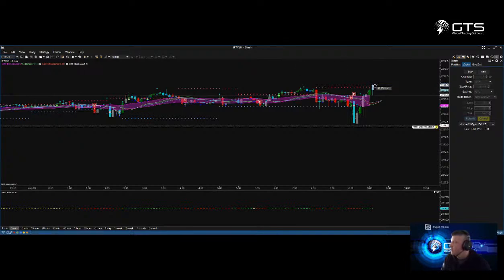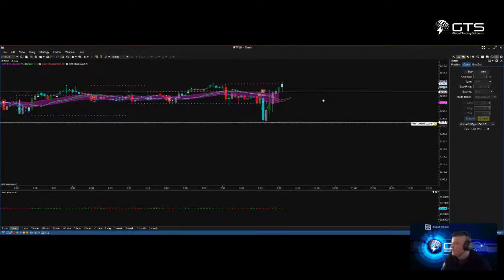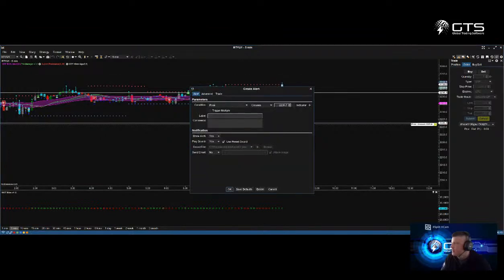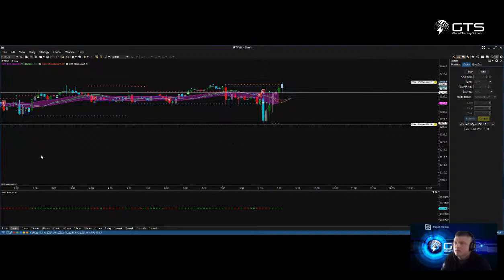Here we go. Let's break through this resistance here. Are we looking at a star anywhere? Nope. No stars anywhere yet. Got to break this resistance though. Got to break it.